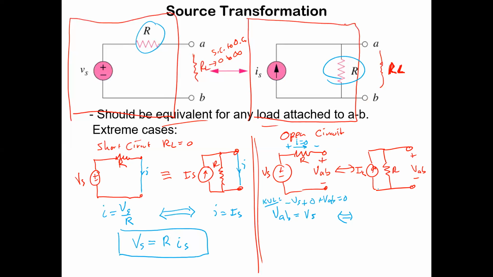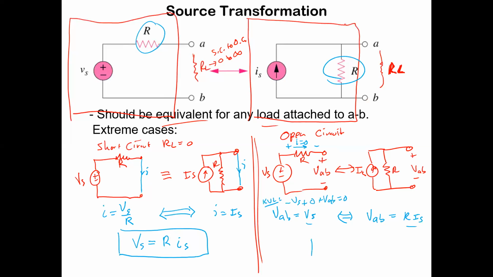So VAB equals R times IS, or IS times R. So that's VAB, and these will be equivalent when, again, VS equals R times IS.